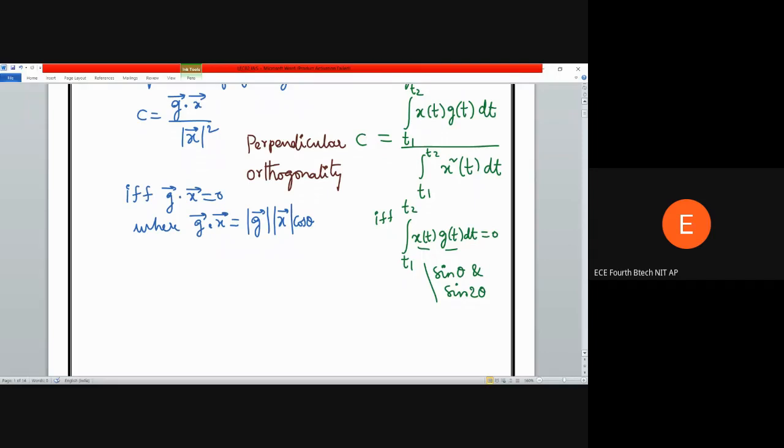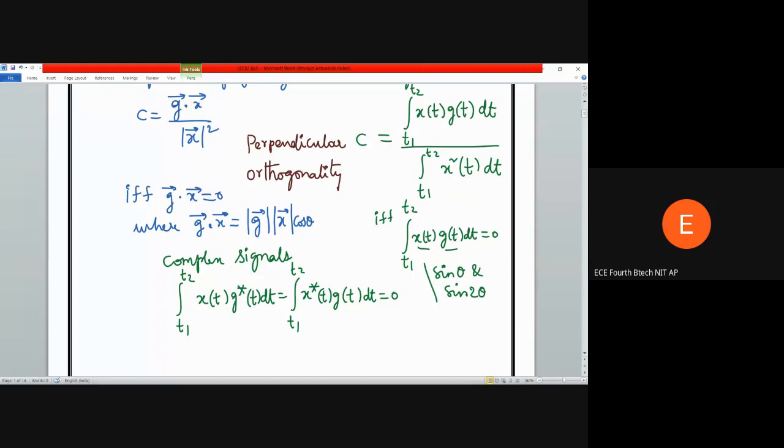So for complex signals, the condition for orthogonality is integral t1 to t2 x of t into g star of t dt, which is also equal to integral t1 to t2 x star of t g of t dt is equal to 0.